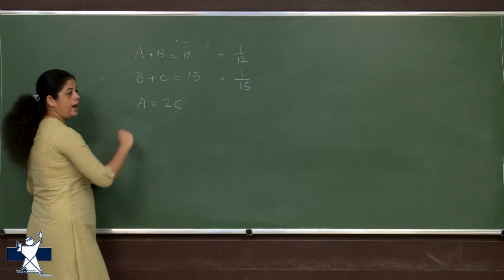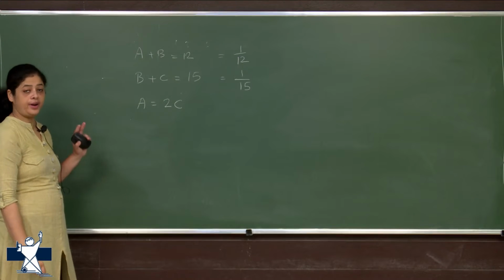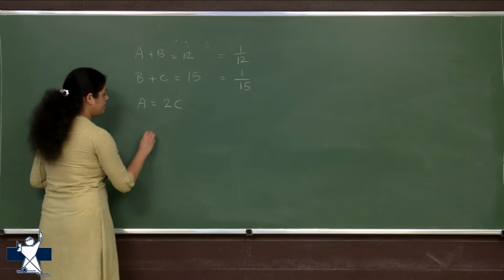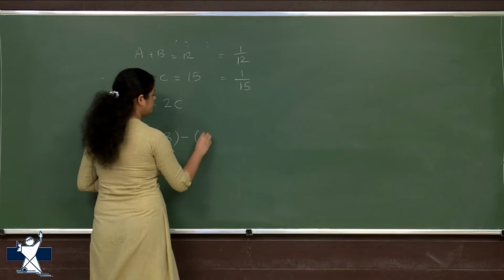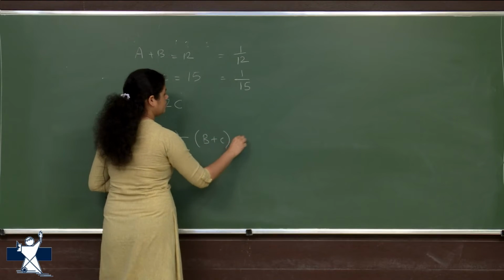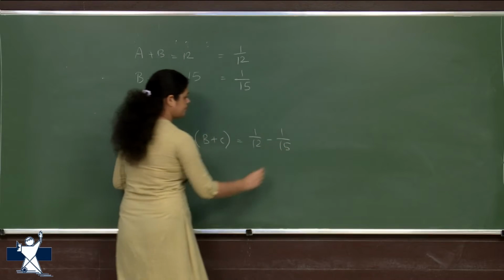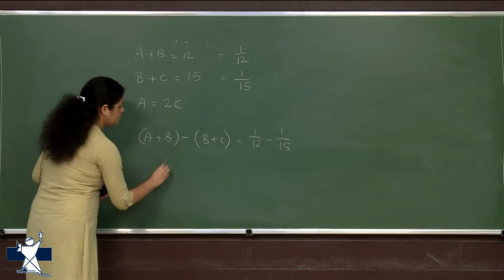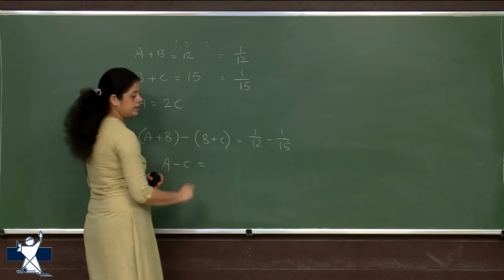So if we subtract the two equations, it will solve the problem. So A plus B minus B plus C will be equal to 1/12 minus 1/15. Okay. So A minus C will be equal to, take their LCM.